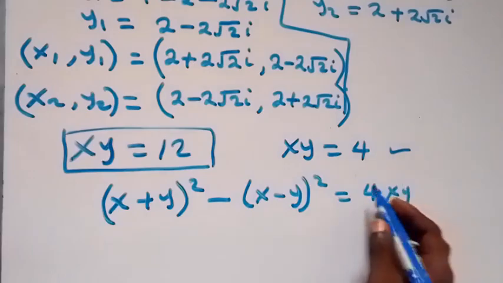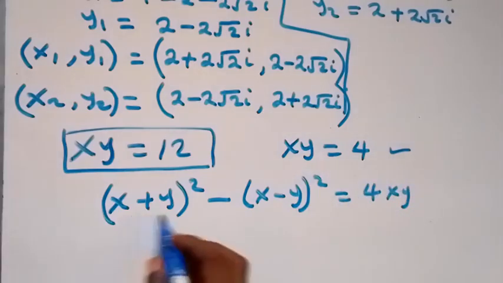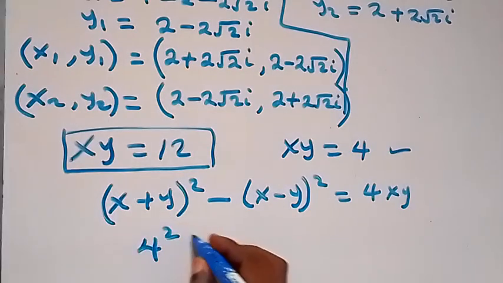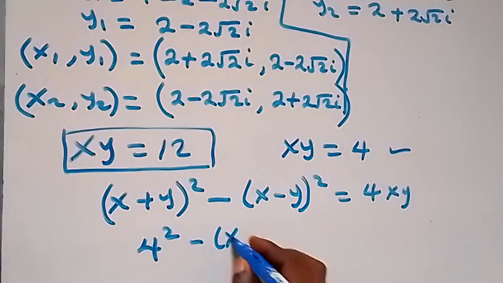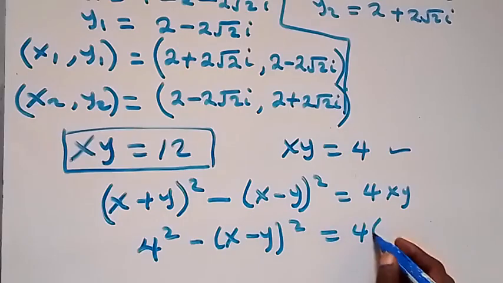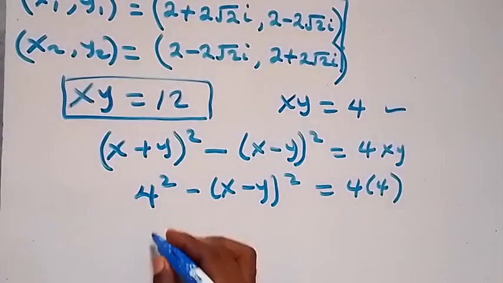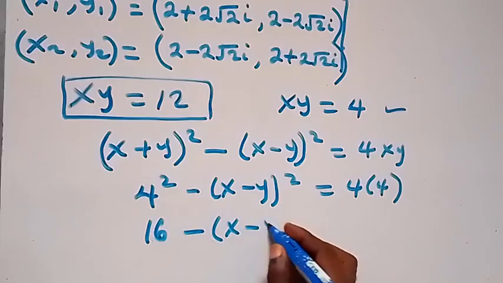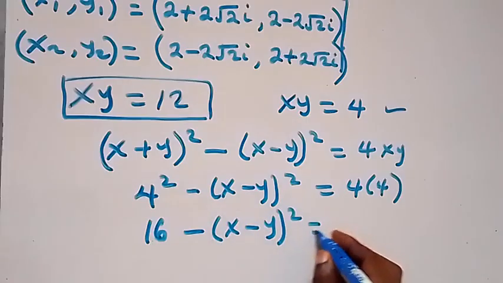So when we substitute xy to be 4, then x plus y from equation 1 is also 4. So we have 4 square minus x minus y square equals to 4 times 4. Then 4 times 4 is 16. 4 square here is 16 as well. So 16 minus x minus y all square, then equals to 16.